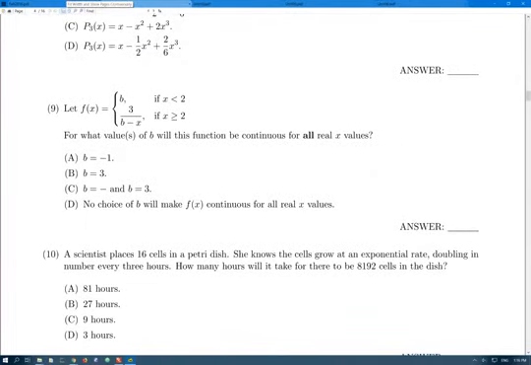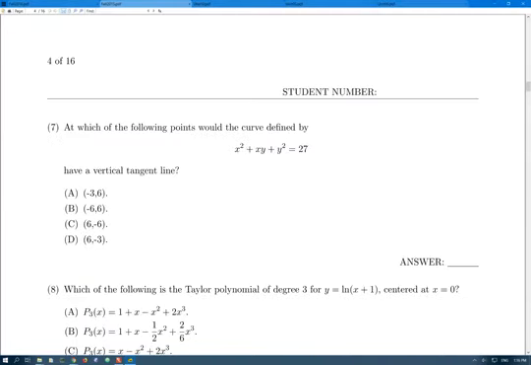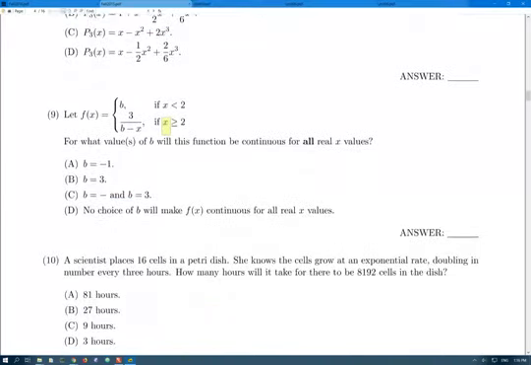All right. Okay. So for this question, it's one of these piecewise functions. So the function definition is different depending on whether you are to the left of 2 for x values or to the right of 2. And if we're looking for continuous, let me just see what we can say about that.